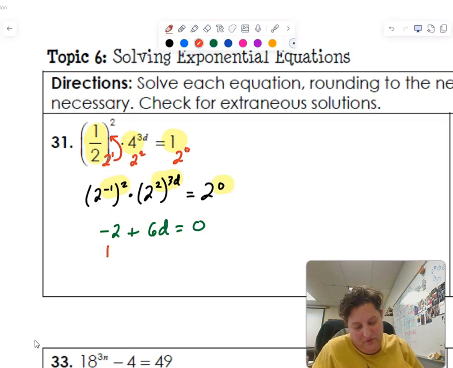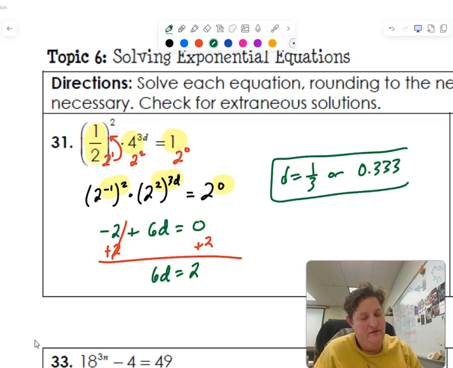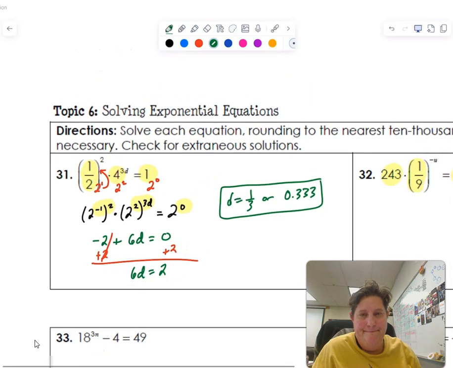I'm going to add the 2 over. Oh, whoops. Over here. So I get 6d equals 2. And when I divide by 6, 1/3, or if you do it on your calculator, you can write 0.333.